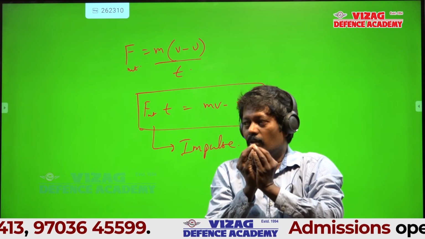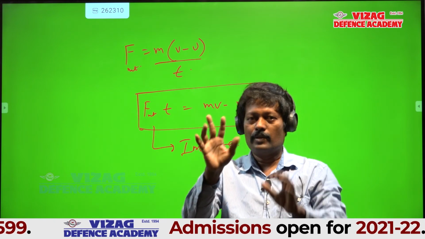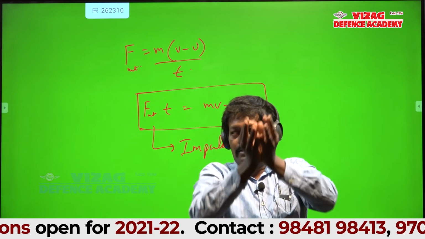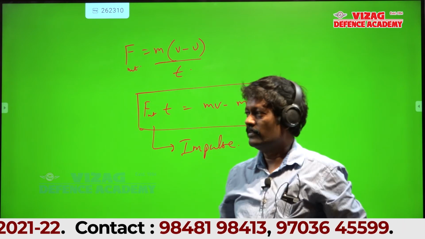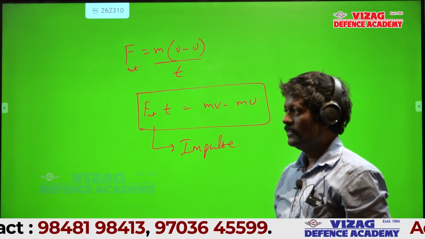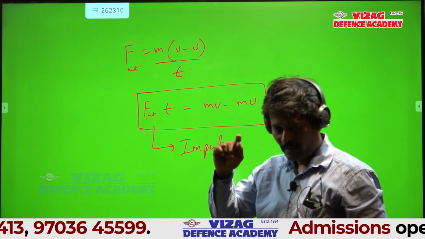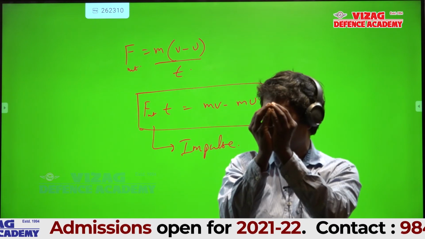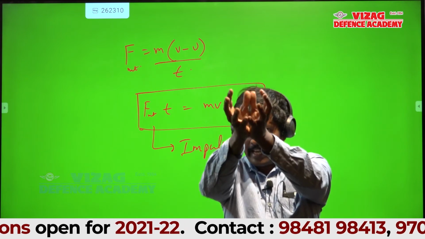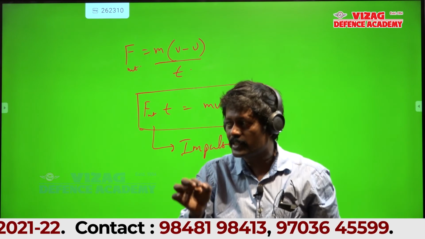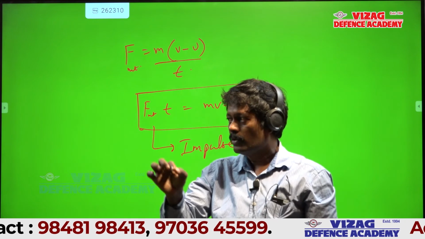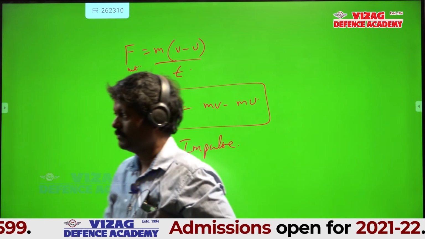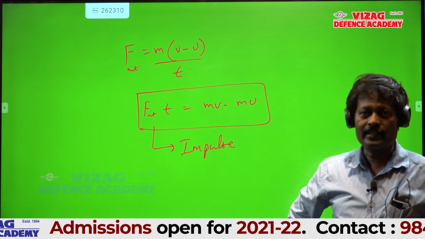There are two ways the fielder can stop the ball: suddenly stop it, or pull back his hands to stop it. My question is, in the first case the ball is abruptly stopped, in the second case gradually stopped. In which case is impulse more? Saket says the second case, sir.